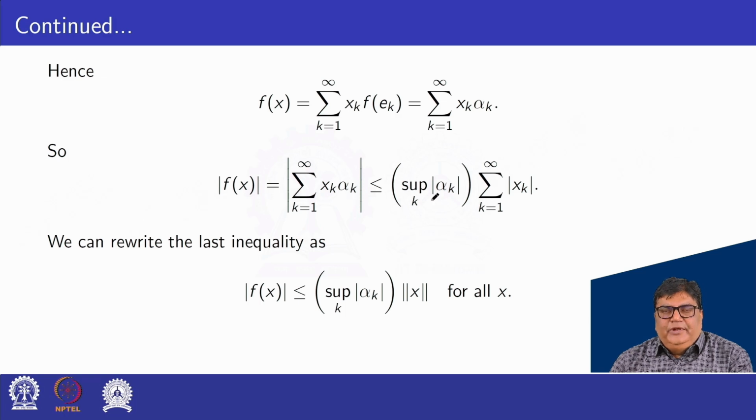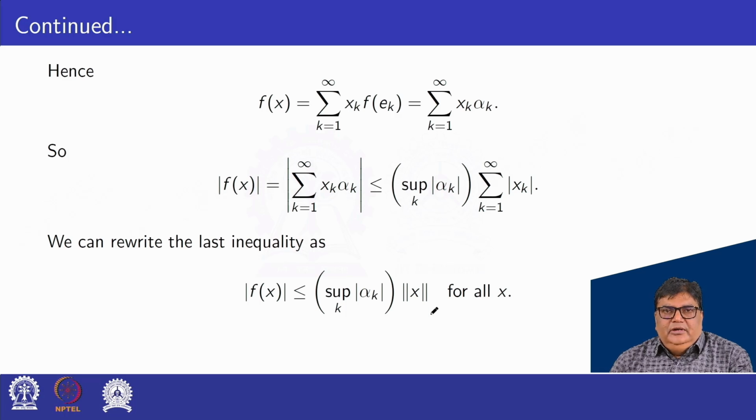Taking supremum of αk, this is less than or equal to supremum of |αk| into summation k = 1 to infinity |xk|, that is norm x. So we can write this inequality as |fx| less than or equal to supremum |αk| into norm x for all x.